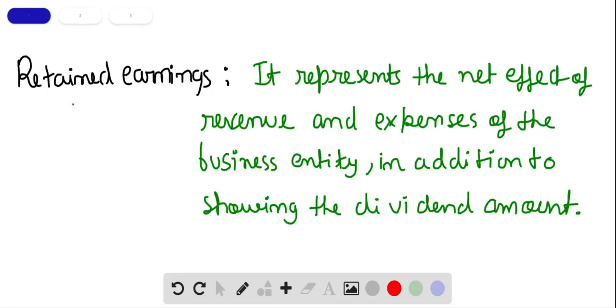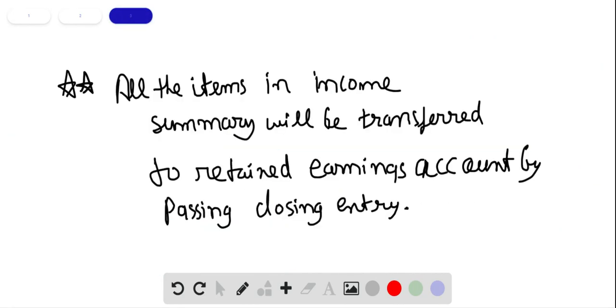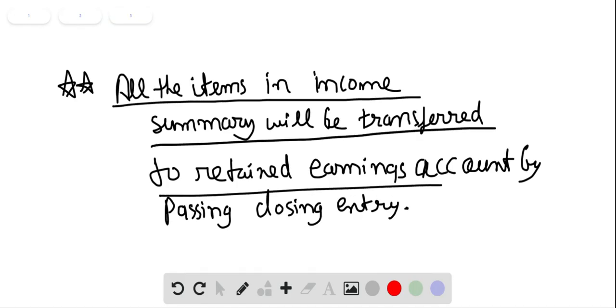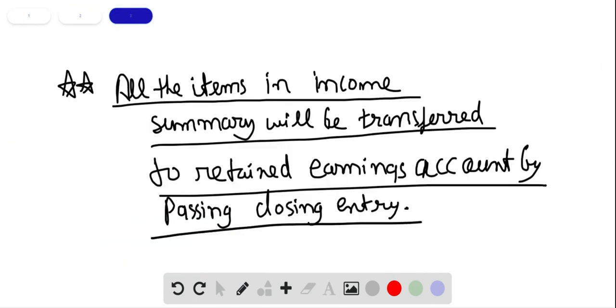After writing the technical definition, after understanding the main example, please record down sheet number 1, 2 as well as 3 onto your notebooks for future reference. So take a note of this statement: all the income and expenses will be transferred to retained earnings on a yearly basis, because we prepare financial statements on a yearly basis.